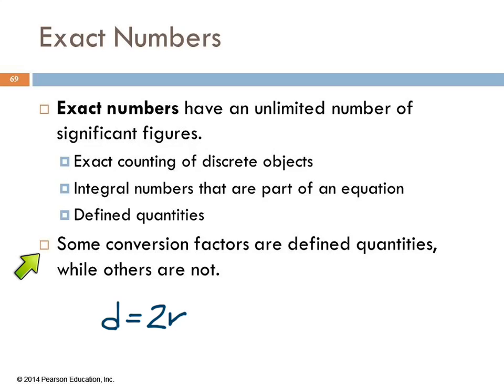Some conversion factors are defined, others are not. When you go between the metric and the English system, safest to assume that it's not exact. One of the exceptions is the inch and centimeter. That is exact. And in the table where you find these things, if it's exact, they'll tell you it's exact.